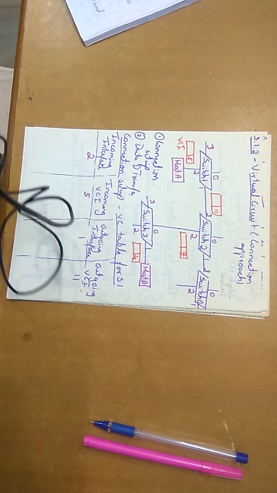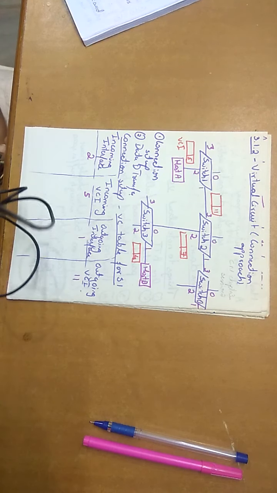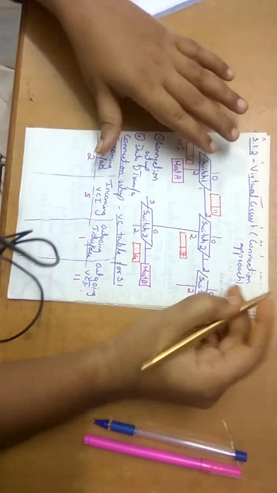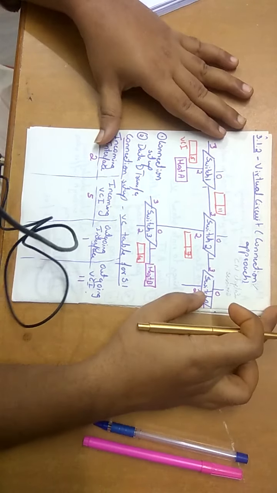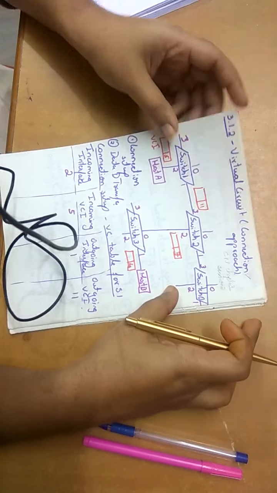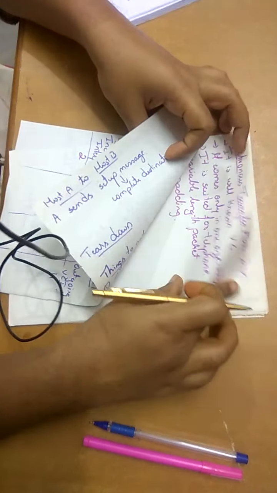So the second technique for switching is the virtual circuit. It is a connection approach. I want to give you the example of a normal telephone.